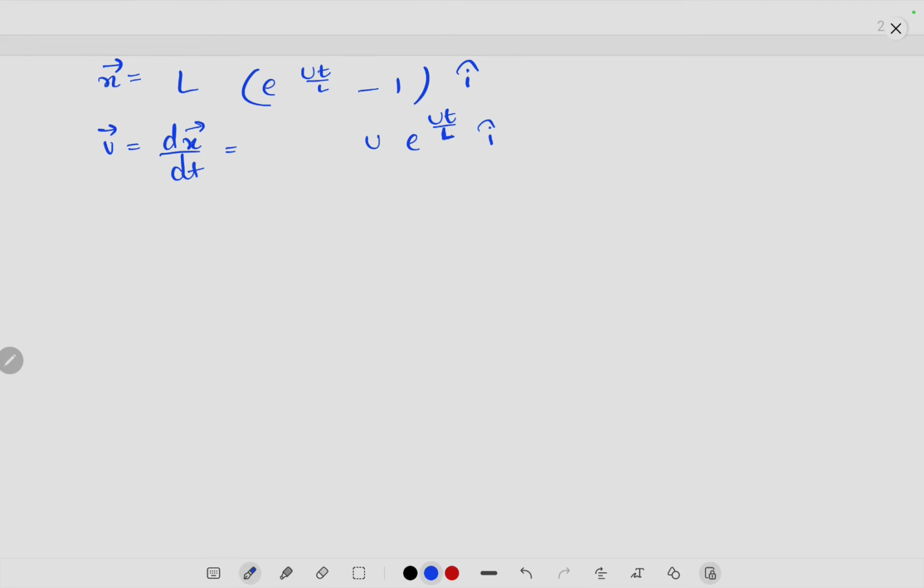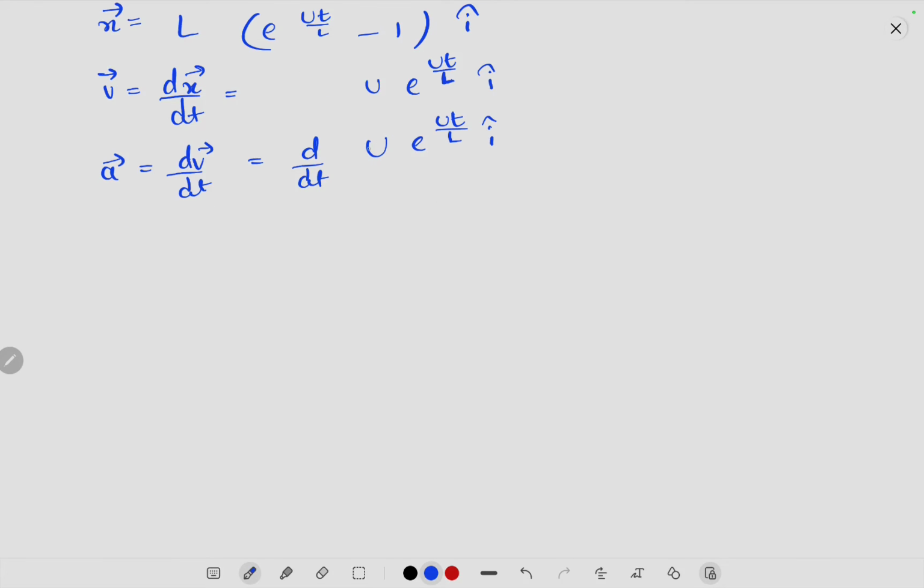Alright, now since this is my velocity, my acceleration will be dv by dt, which is d by dt of this expression, u e to the power ut by L i hat.